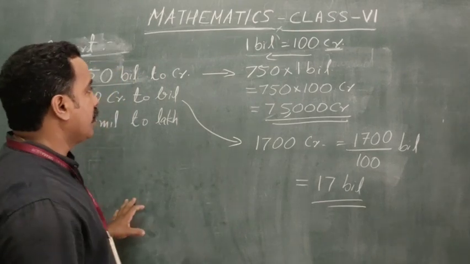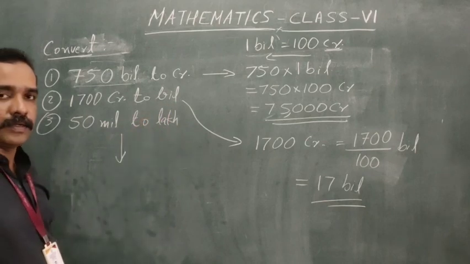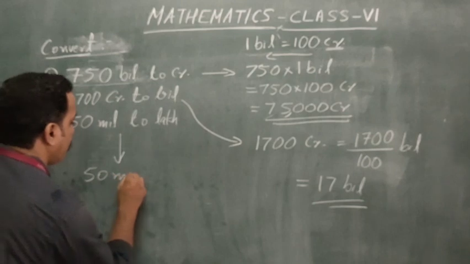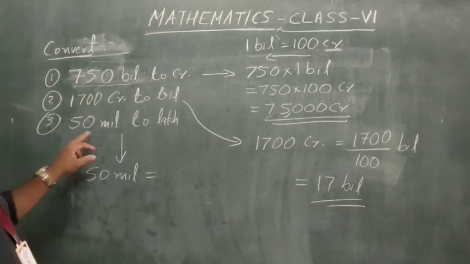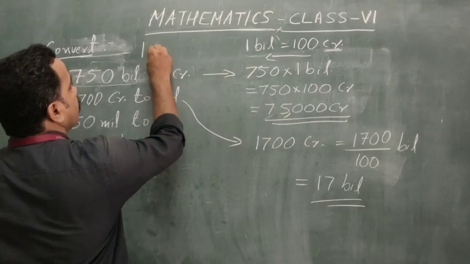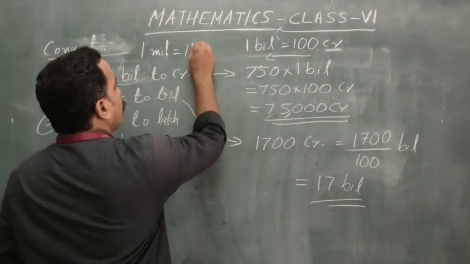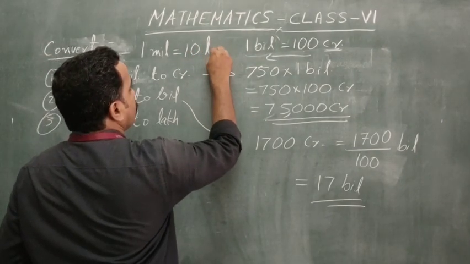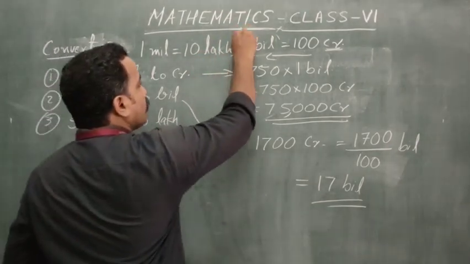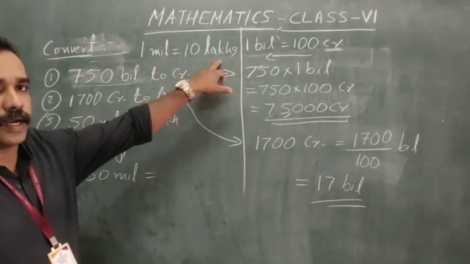The next one, 50 million to lakh. We know that 1 million is equal to 10 lakhs.